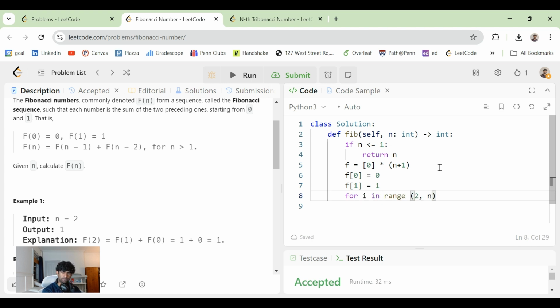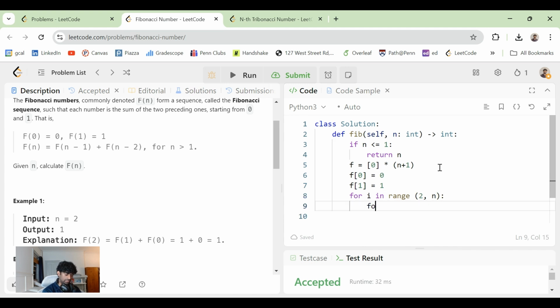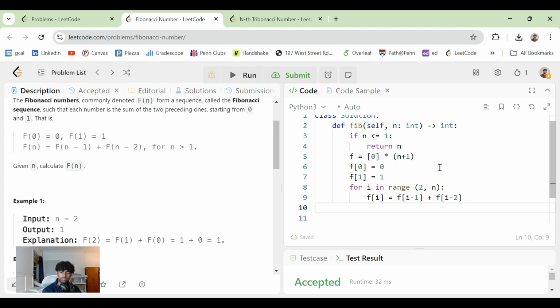f of i is simply f of i minus 1 plus f of i minus 2. We can now go ahead and return f of n. Here it should go until n plus 1.